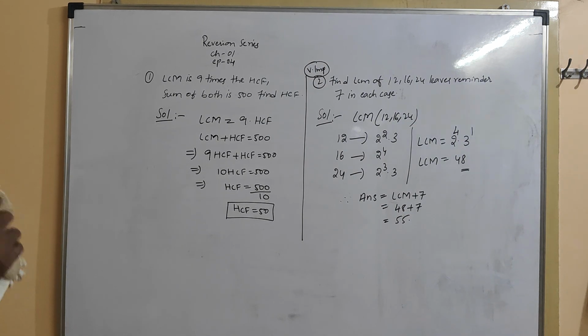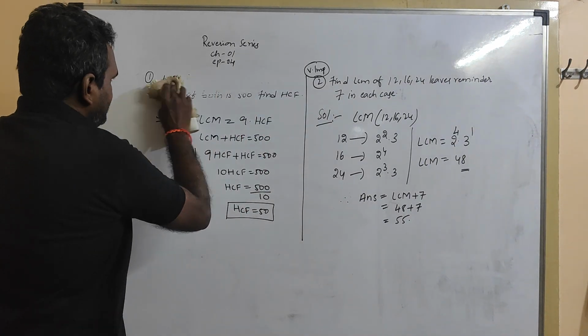This is regarding the second question. Very, very important model. Please be careful while doing this kind of question. After getting LCM, the LCM answer will also be there in the options. Most of the people will tick the LCM. So, extension of the question is there: leaving remainder 7 in each case.